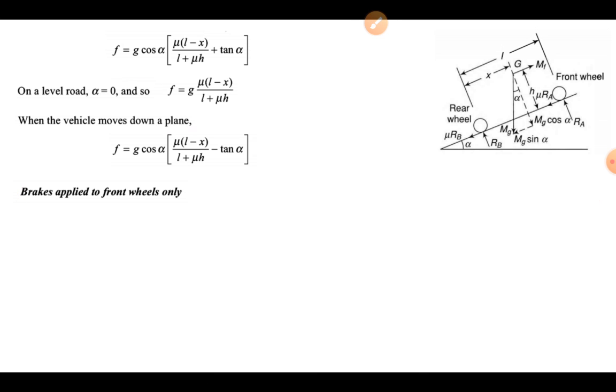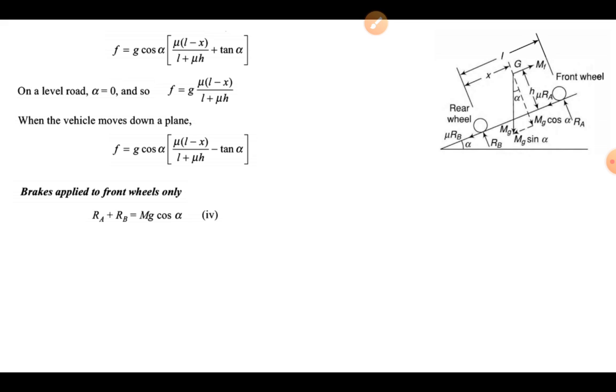Let's see the situation when brakes are applied on the front wheel. In the previous case we applied the brake on the rear wheel, and now we are applying the brake on the front wheel. So the only change will be the friction force. The friction force in the previous case we considered for the rear wheel; in this case we will consider it for the front wheel.